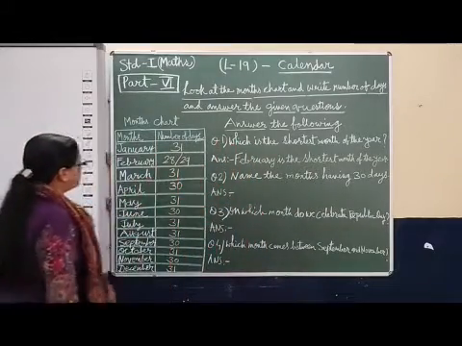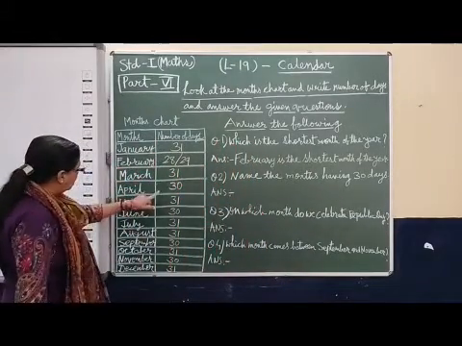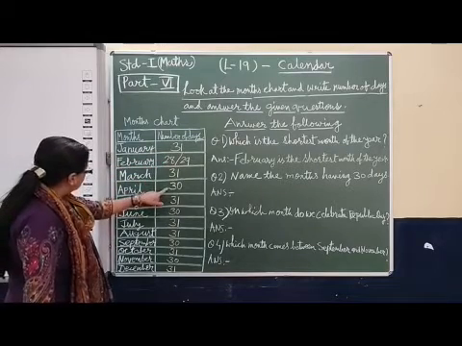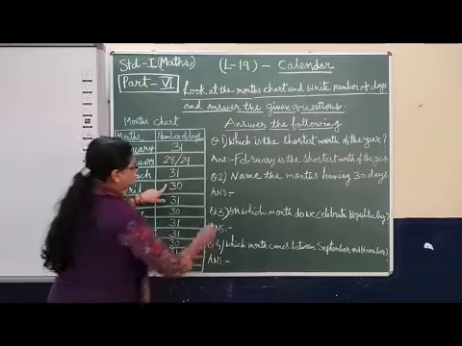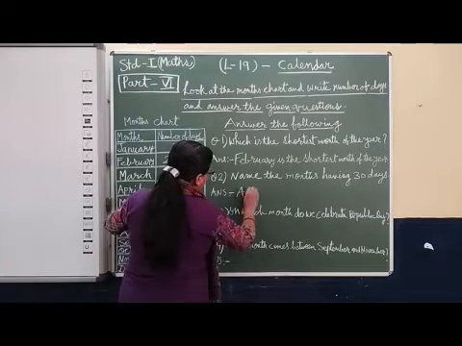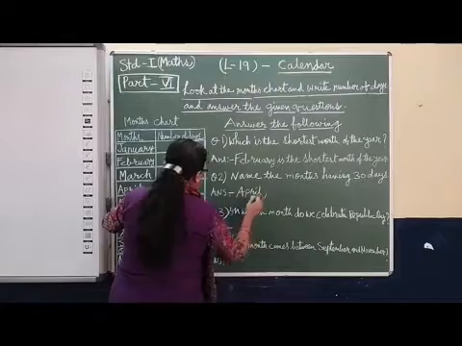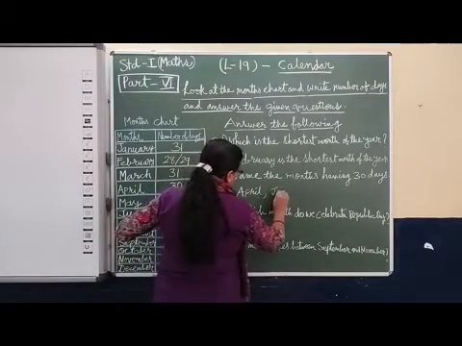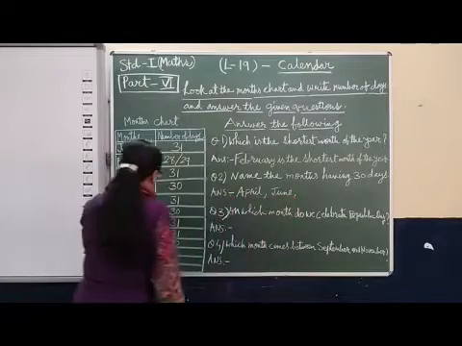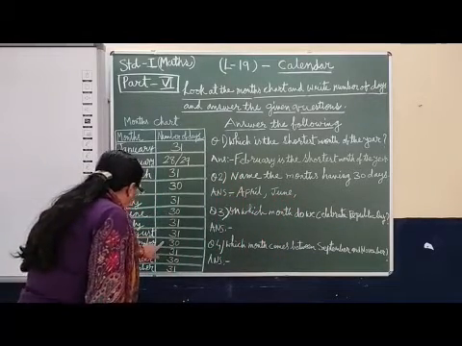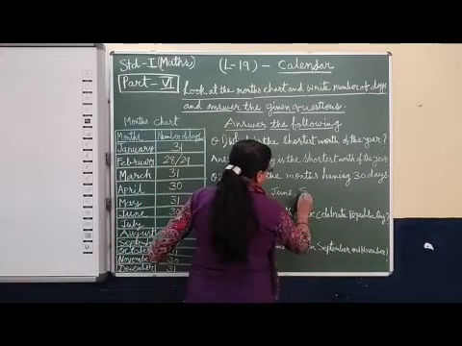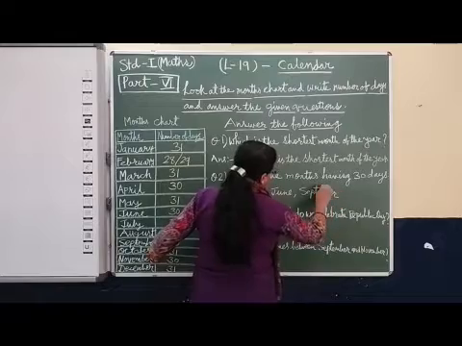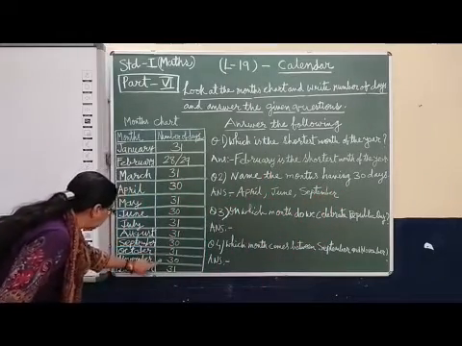Now we have to find out from here which months are having 30 days. We can see 31, 28, 29, 31, 30 days. April. So you write one by one. April. Then this is 31 again 30. June. Yes, then 31, 30. September. This is 31 and 30.